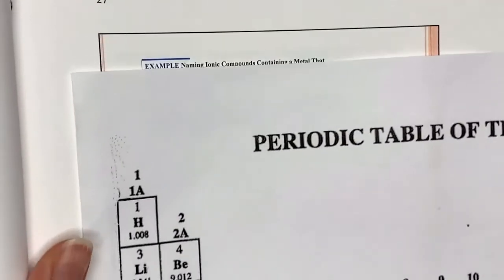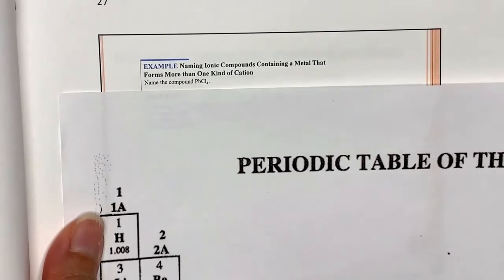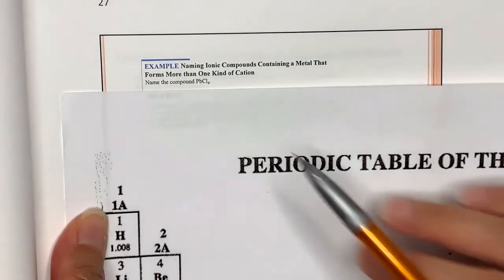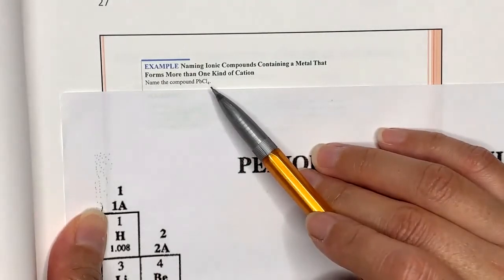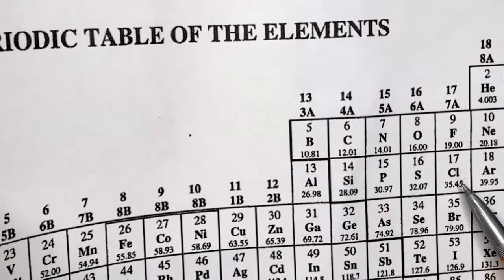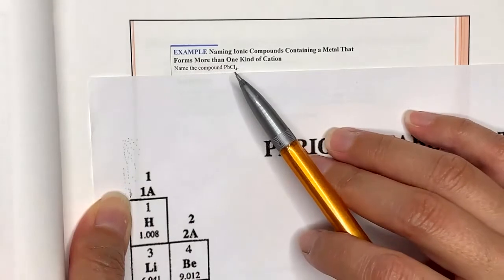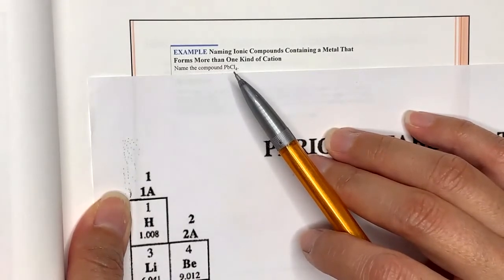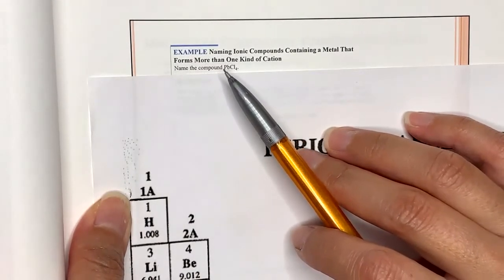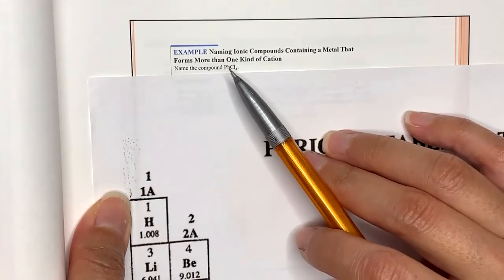All right, let's go to the next one. We have PbCl4. So you have 4 Cl and you know each Cl is -1 because it's from group 7. Group 7 right here, -1 charge, so it'll be chloride. Each one is -1, there's 4, that means your lead, Pb, will have a +4 charge.